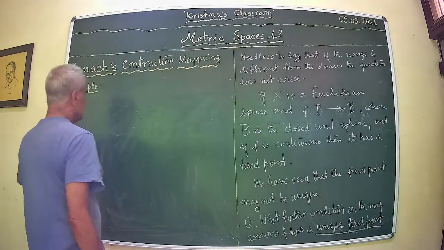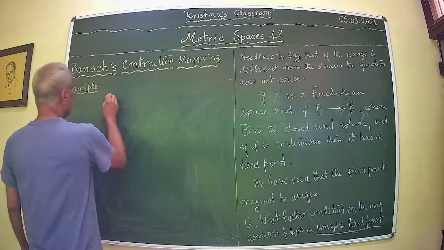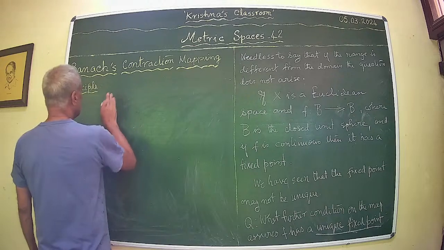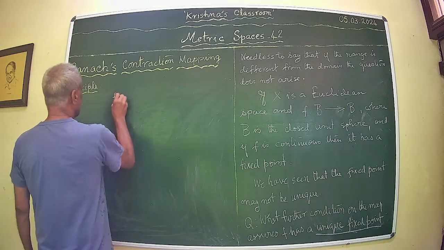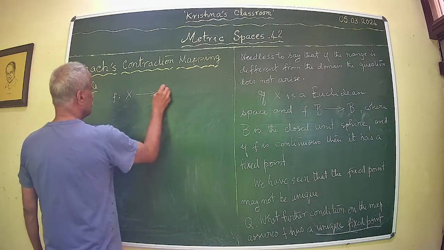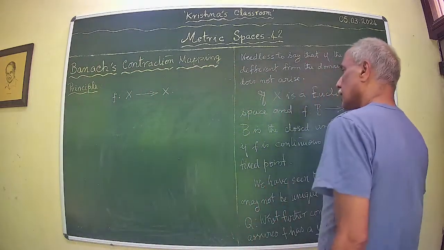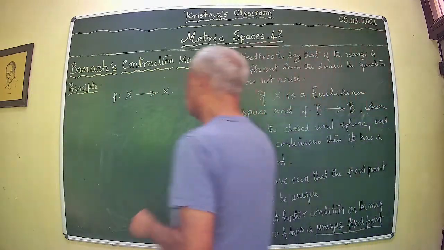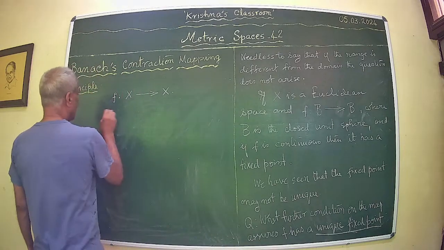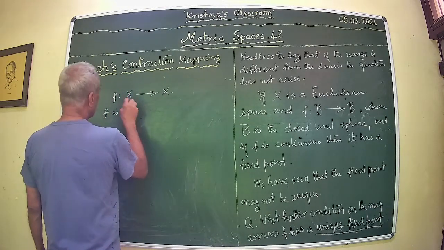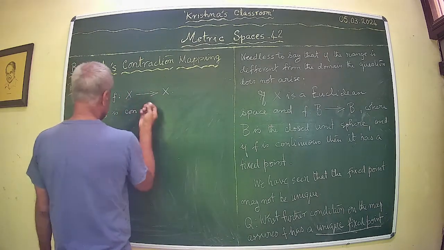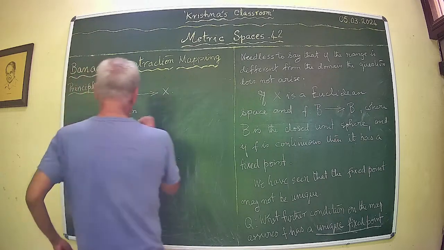Suppose you have a function f from some X to X, and we assume f is continuous. I have not put any restriction on X yet. So it's some metric space or something.